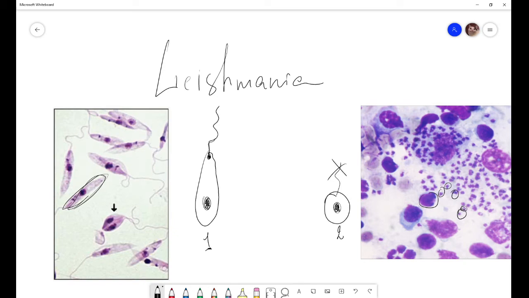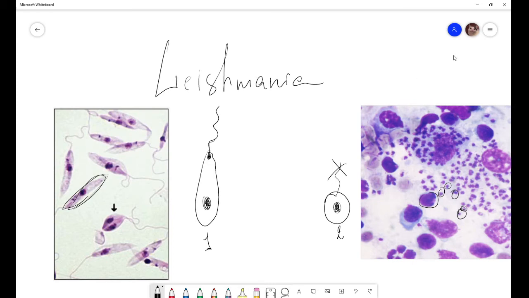Okay, this is about Leishmania. It doesn't matter what the species of Leishmania is, whether it is Donovani or Tropica. What is the life cycle?